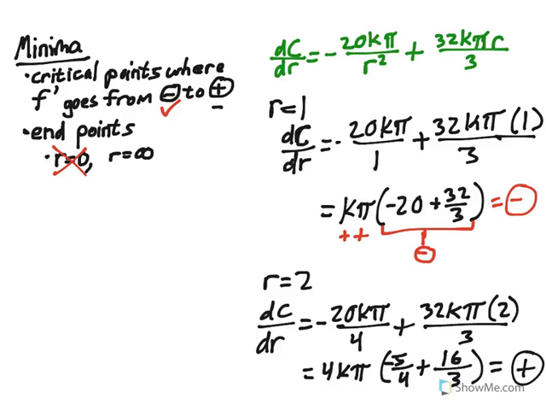Okay, so r equals 1.23 is a local minimum.